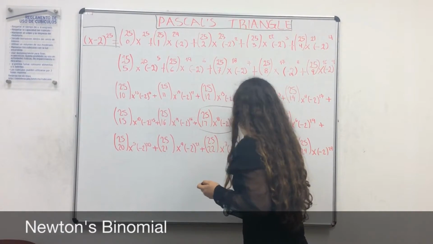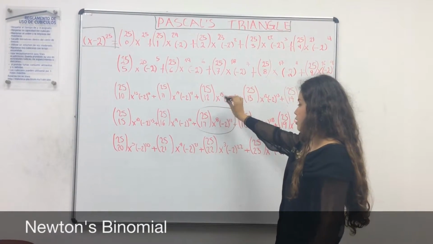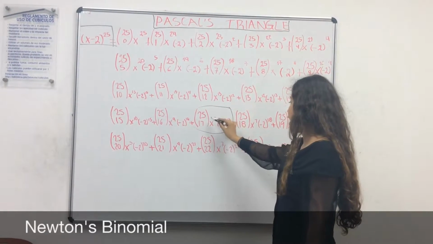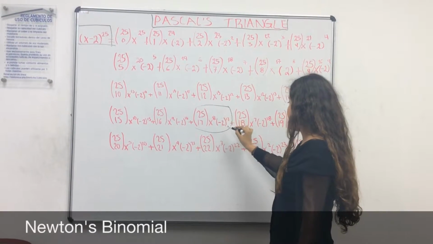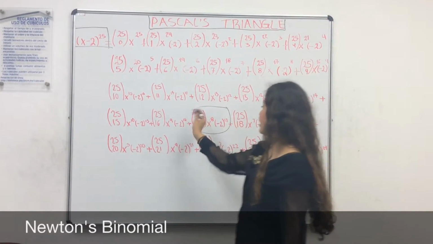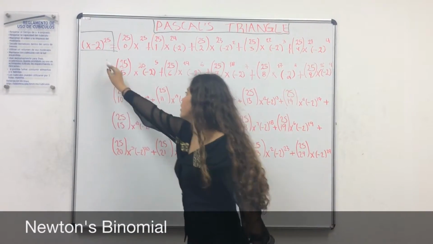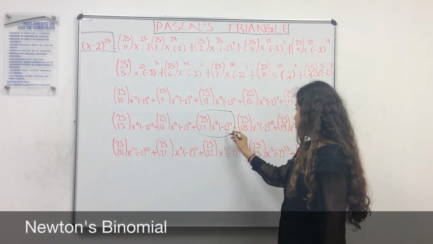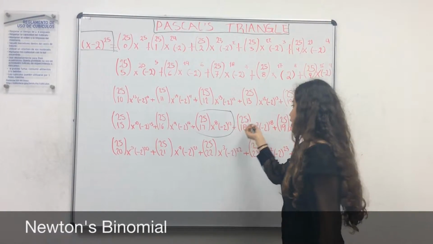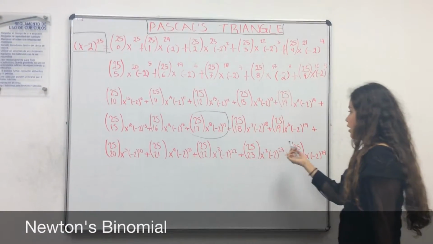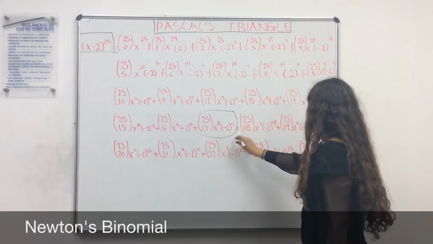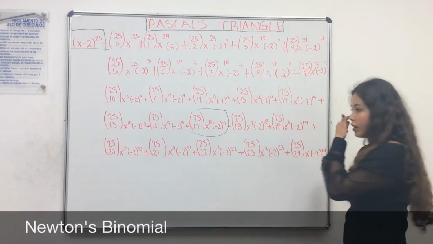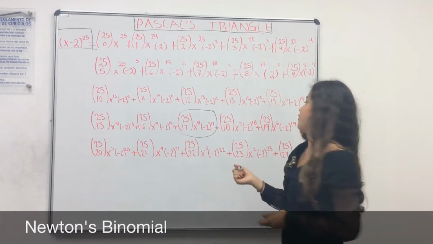So, we say that we have 25 choose 17, x to the 8, multiplied by minus 2, which comes from here to here, okay? And this will be raised to an exponent that will be increasing: 17, 18, 19 until you come to 25.